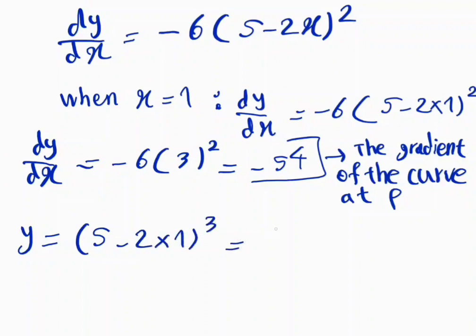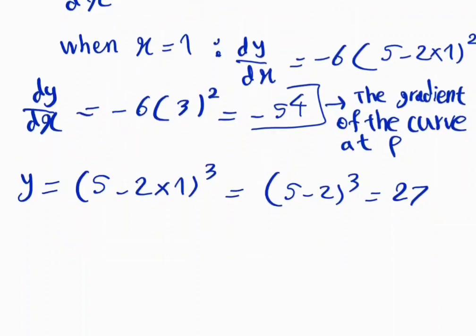And this gives us 5 minus 2 cubed, and that's 3 cubed, which is 27. So this is the y coordinate of P, so we can write down P as (1, 27). So this is the coordinate of the point P.